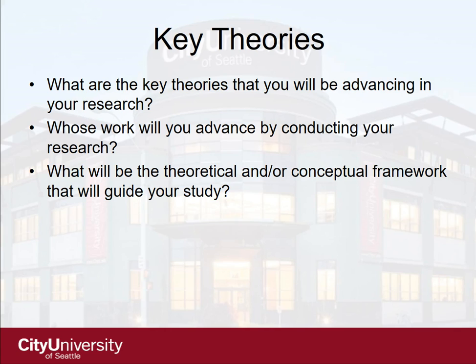What will be the theoretical and or conceptual framework that will guide your study? Are there any constructs? Culture, Edgar Schein, for example. Maybe you're thinking about the construct of cultural diffusion or cultural competence. Maybe there's a framework there that you're looking at for your study. Critical race theory, whatever it is, be sure you include that in the literature. So that's part of the second part, which is the literature review.